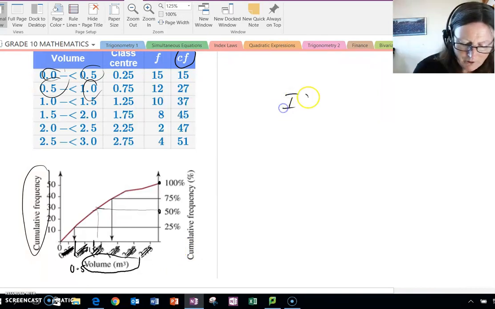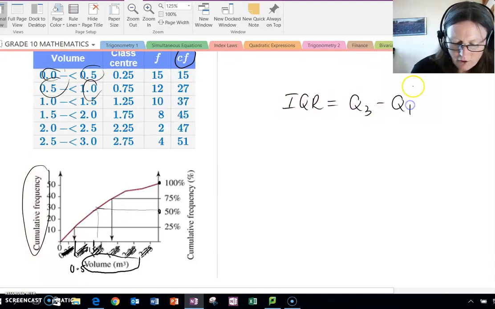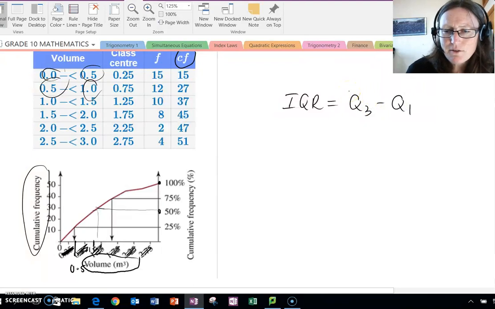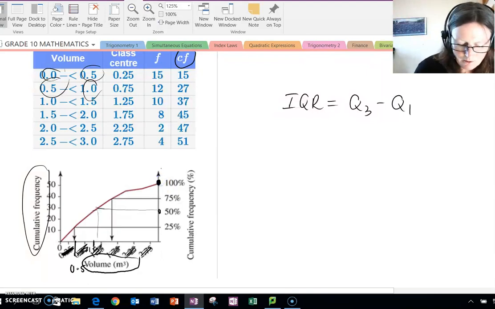Remember, IQR is Q3 minus Q1. Q3 is the 75th percentile. So if the top of our ogive is 100%, using our ruler, we work out where is 3/4 of the way up, 75%.